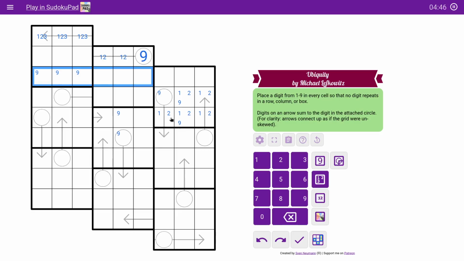Wait, did I just do that all wrong? Yeah, what am I doing? There's 1 and 2 up there. Does that help? This has to be at least a 7. I don't see how that helps us because the least these can be is 3, 4. If this is a 9, this is a 9.